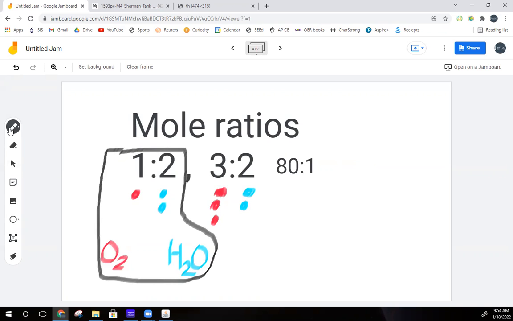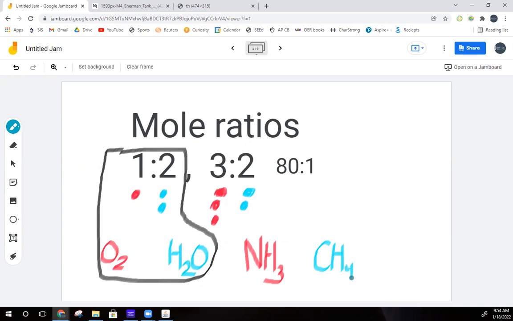In this example, maybe we're comparing the number of ammonia molecules, NH3, to the number of, let's say, methane, CH4.